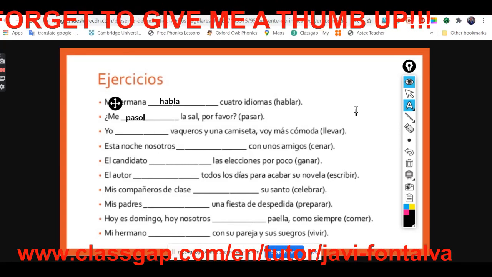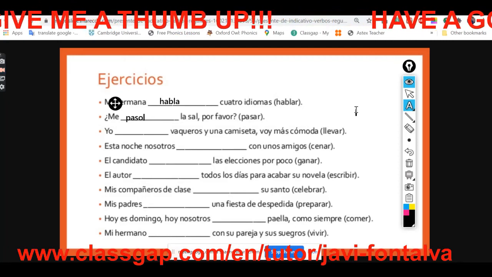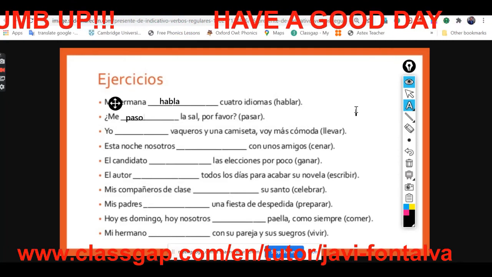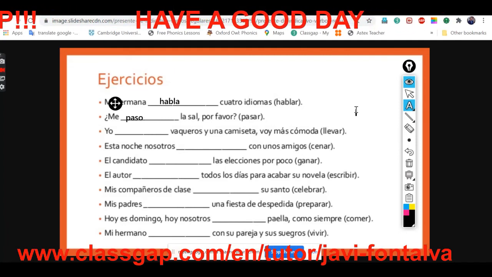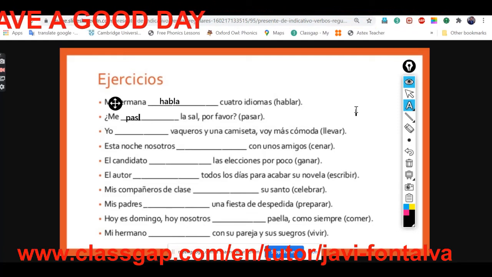Okay, if you say paso, you mean I pass, right? So it doesn't make any sense to say, do I pass myself the salt, please? Do you say that? Not really. No. So you have to talk to you, okay? I'm talking to the person in front of me.